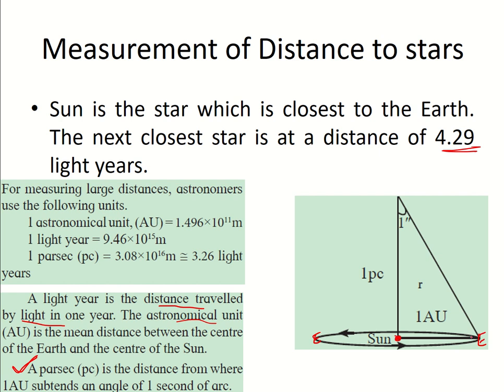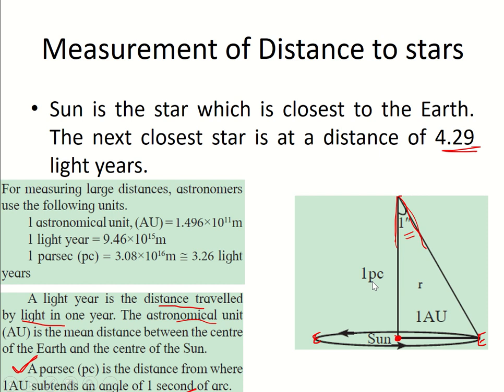Now from the sun to earth, this angle, if that angle is 1 second, then this distance is called 1 parsec. So this is what we have as 1 parsec.